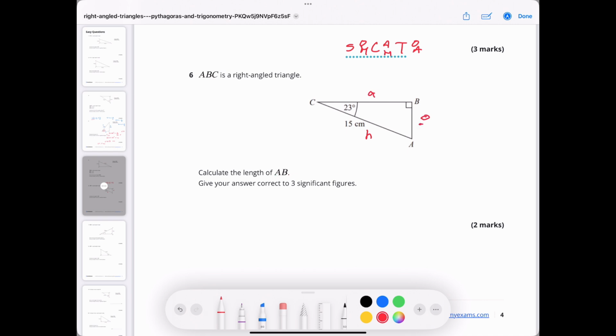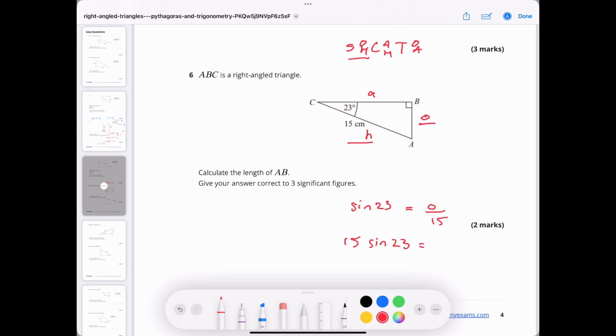They want AB, so they want this again. So it's going to be that one and that one. So it's SOH again. So we say sine of 23 equals opposite, or AB, over 15. So it's 15 sine 23.